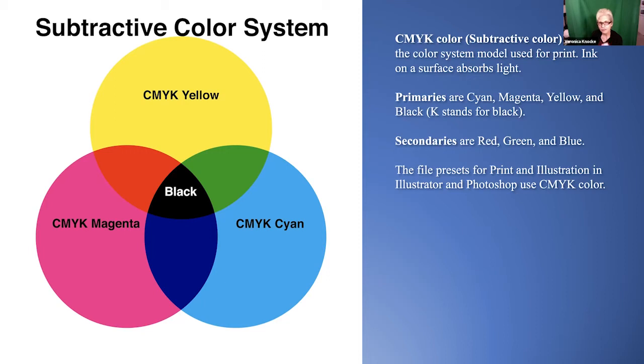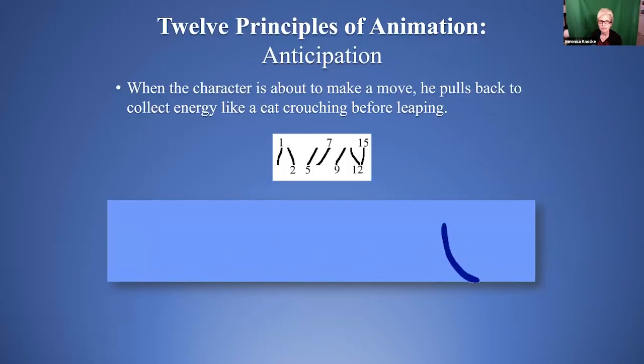The file presets for print and illustration in Illustrator and Photoshop use CMYK colors. So make sure when you're working on something for an animation for a video that you're not using CMYK color. It has a much smaller gamut or colors available.